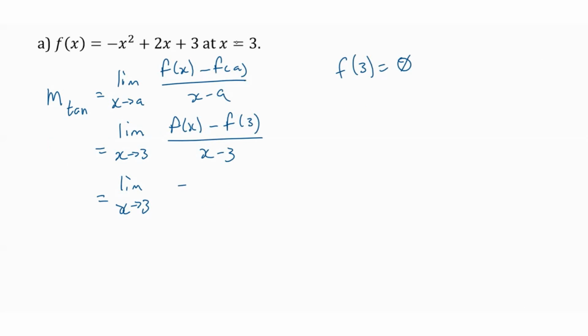So f at x is the actual expression, x squared plus 2x plus 3 minus 0 over x minus 3. And go ahead and take off. You probably know how to do this.